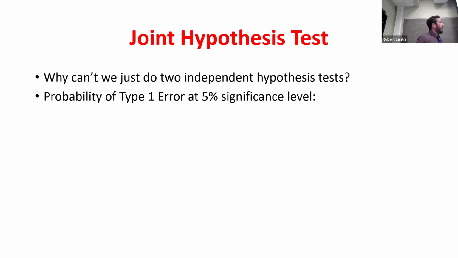If we think about when we do this test for one coefficient, we were saying that the distribution of these slope coefficients, with a sample size over 30, should be normally distributed.